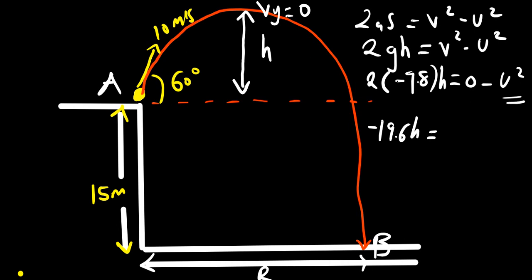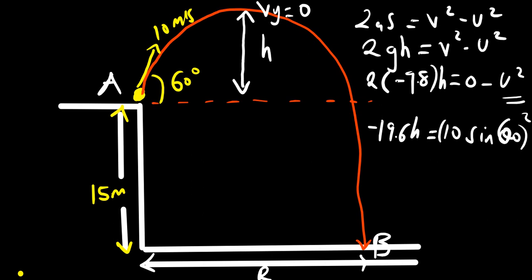U squared, that is the initial velocity, and vy we know is just found by v sine theta. Okay, so in this case our v is 10, but it's sine theta, since it was projected at an angle, or sine 60 actually, because it was projected at 60 degrees. Now this is squared, okay.